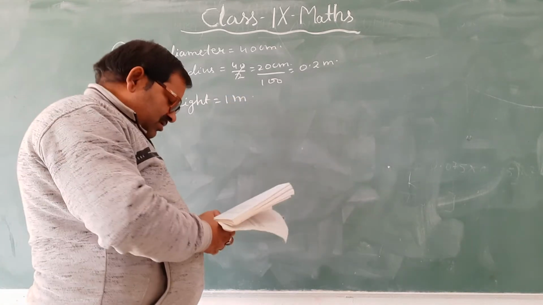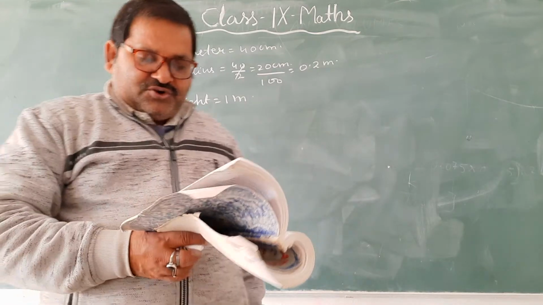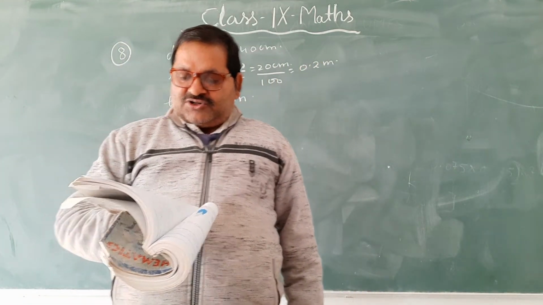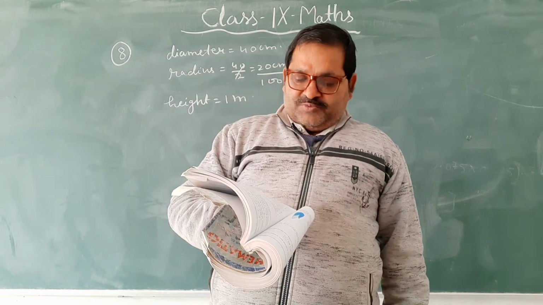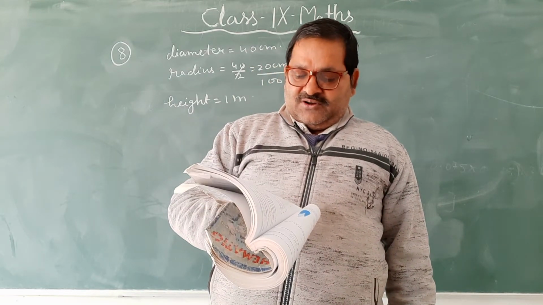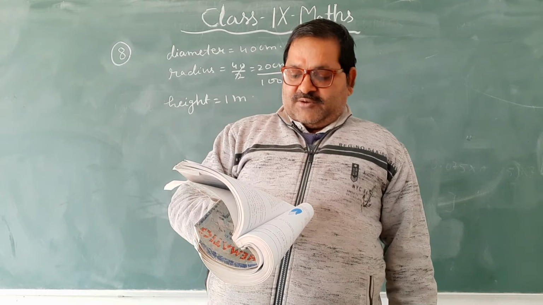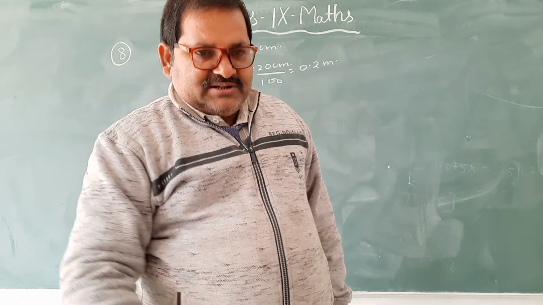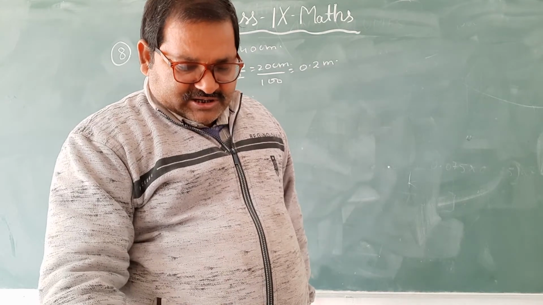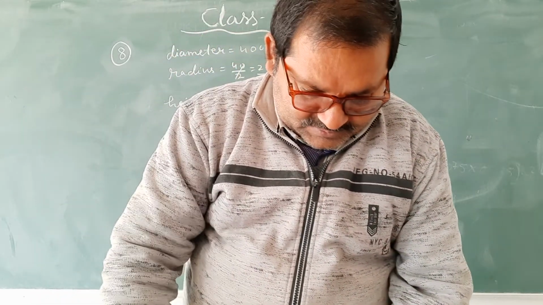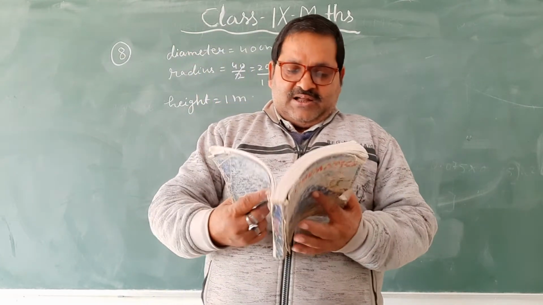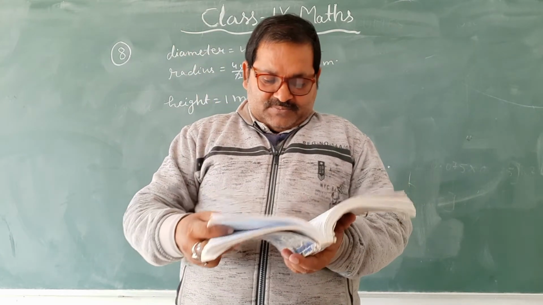If the outer side of each cone is to be painted, and the cost of painting is rupees 12 per meter square, what will be the cost of painting all these cones? First we find the curved surface area of a cone.